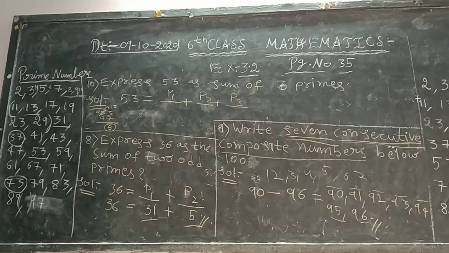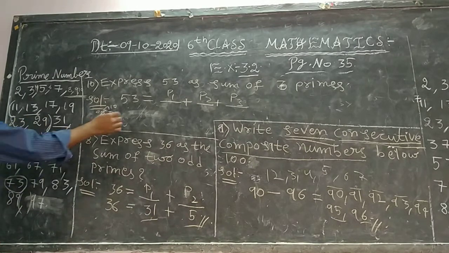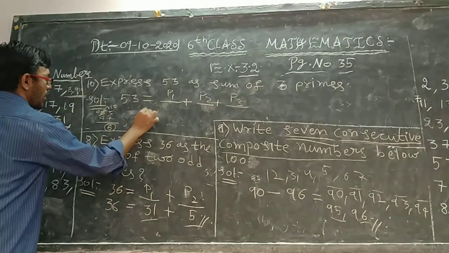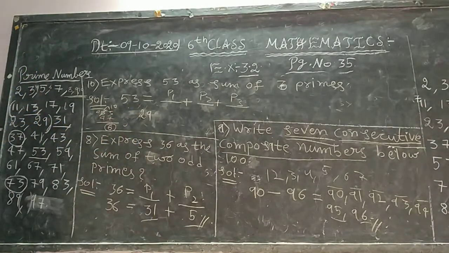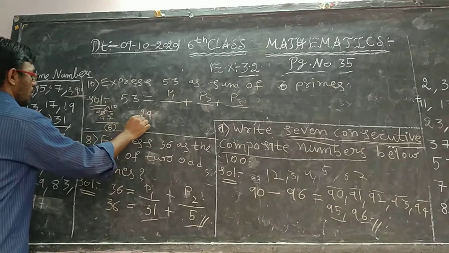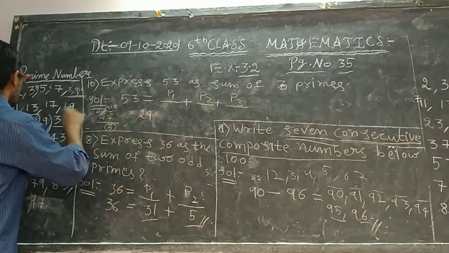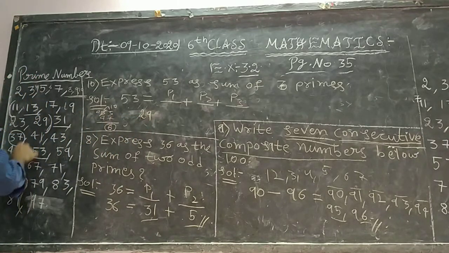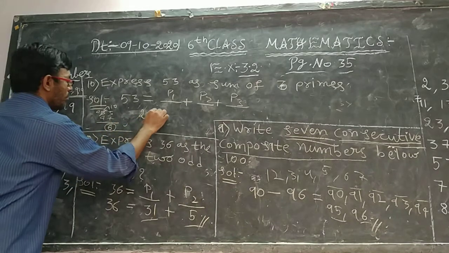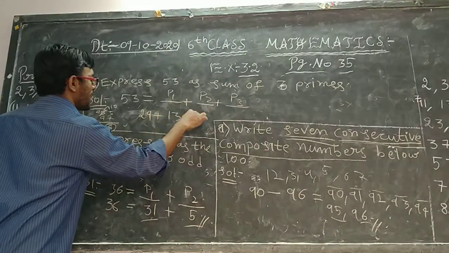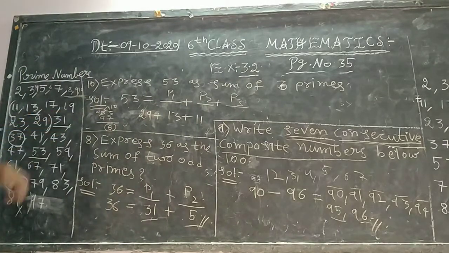So next, what will you be taking? 29. If you take 29 plus 13 plus 11, add these 3 numbers.